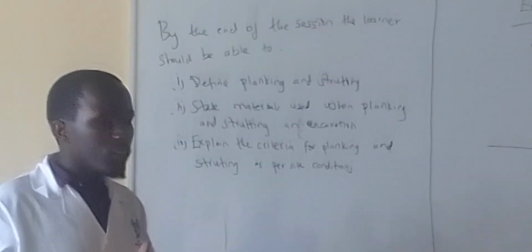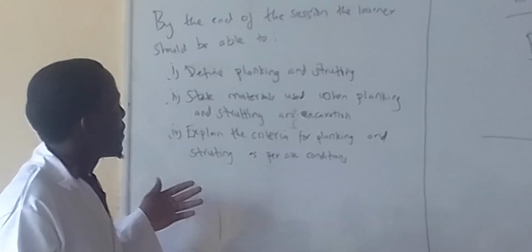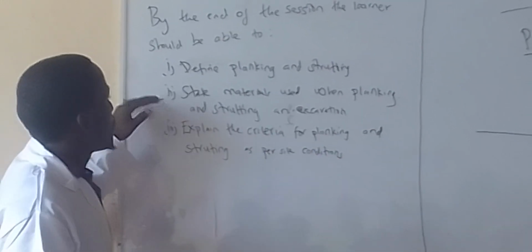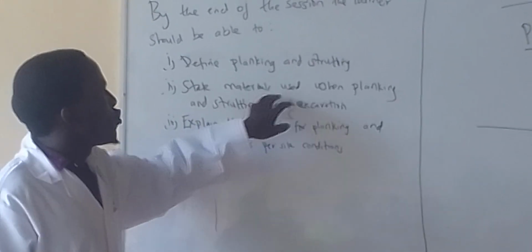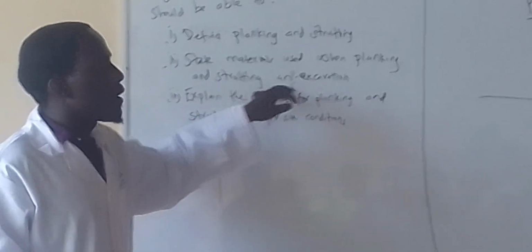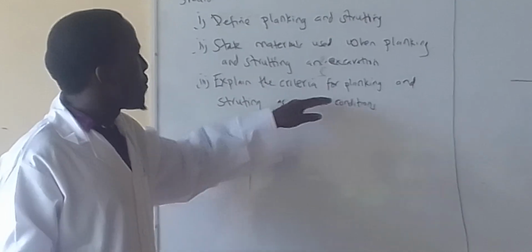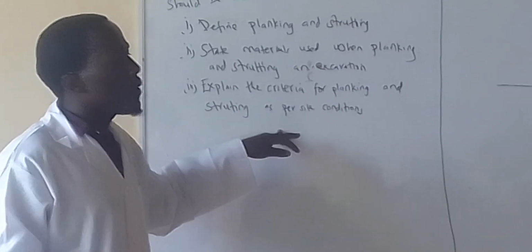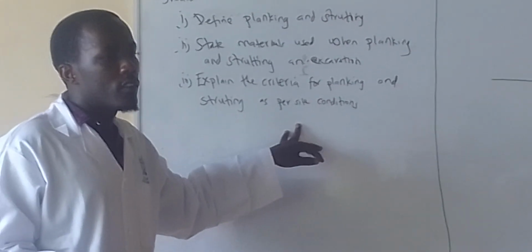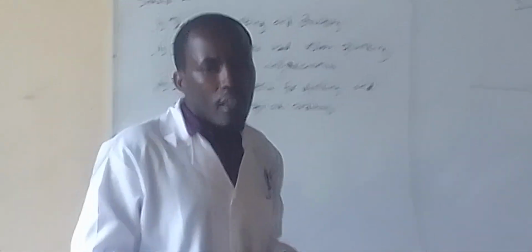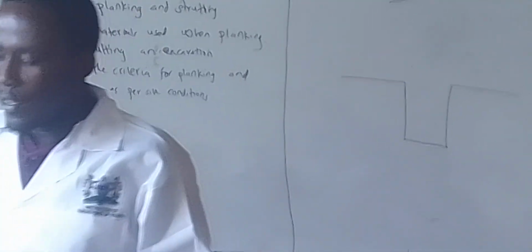The next learning outcome is to state the materials used in planking and strutting in excavation. Then explain the criteria for planking and strutting as per site conditions. So he has told us that planking and strutting is the act of supporting the sides of the trench.